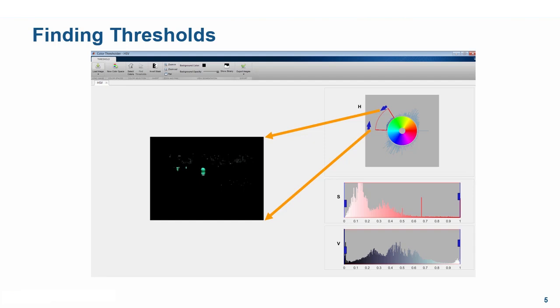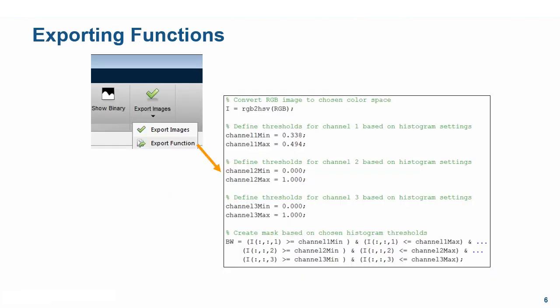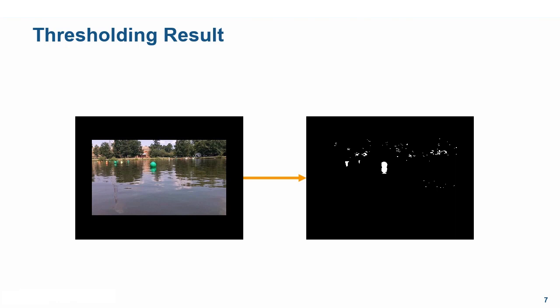We also talked here about the Show Binary button, which helps us fine-tune our thresholding because the binary image is high contrast. Using the Export Function option, we found the limits used for the different channels, namely H, S, and V.